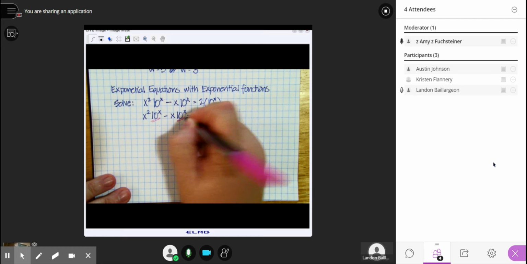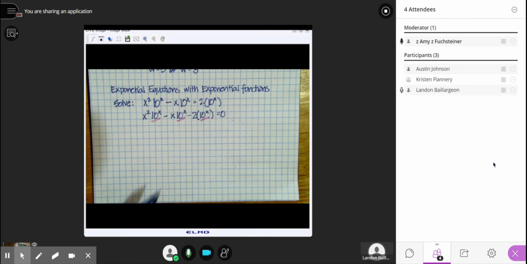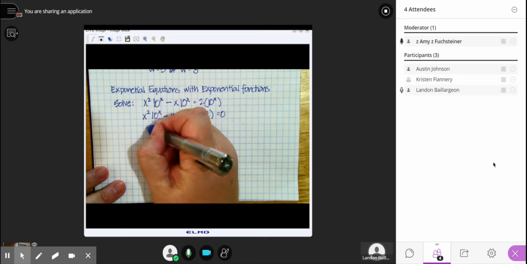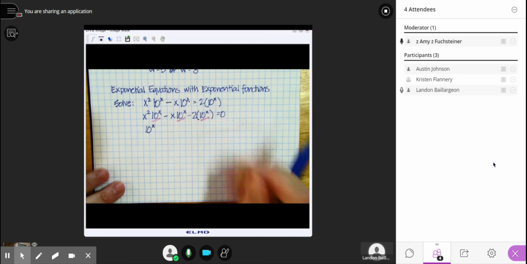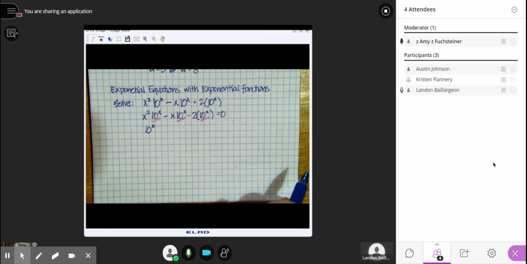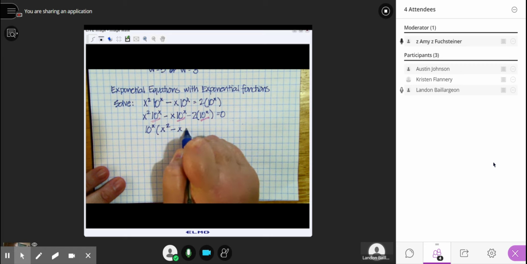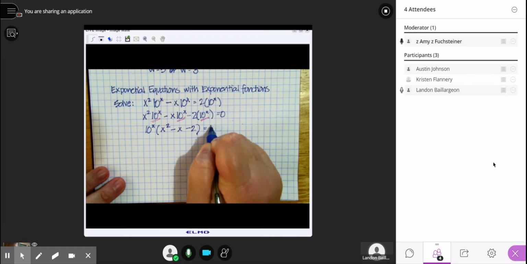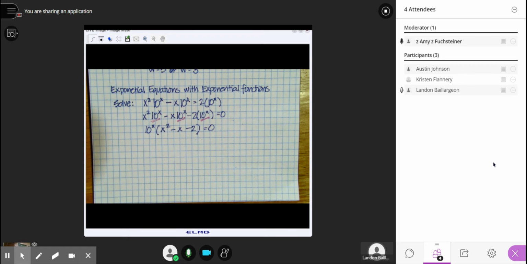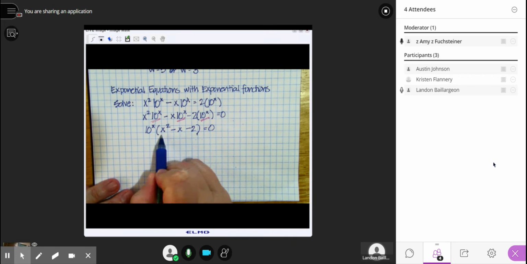So I'm going to take that 10 to the x and pull it out front. Now that I've got it pulled out front, can you factor this?